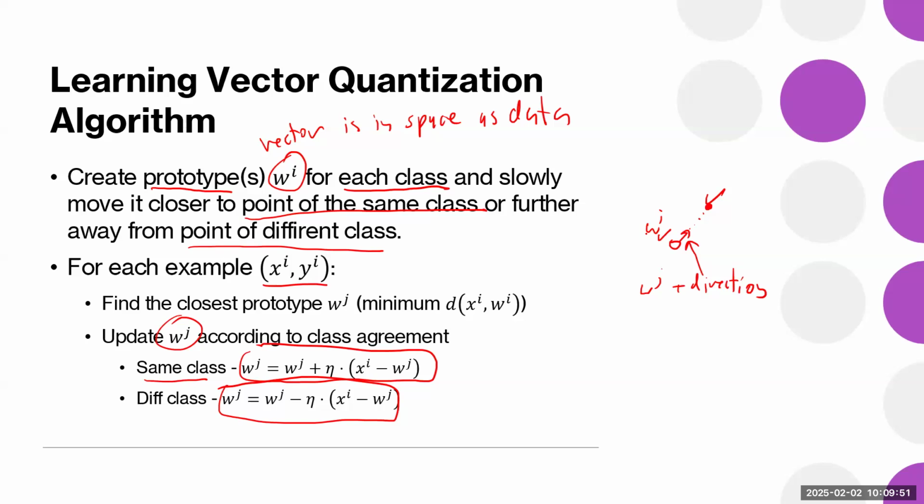In vector mathematics, to compute the vector from the current point to the target point, you take the target minus the source. Our target is xi, the xi that has the same label. So xi minus the prototype gives me this vector.